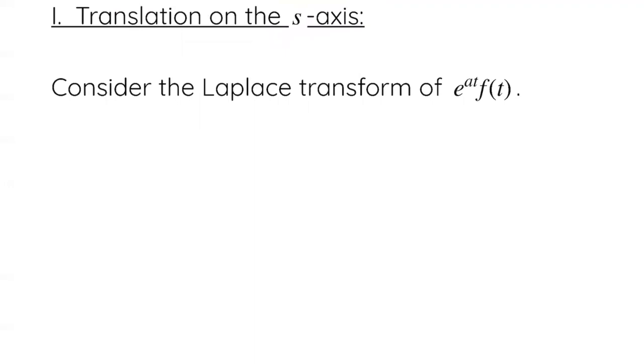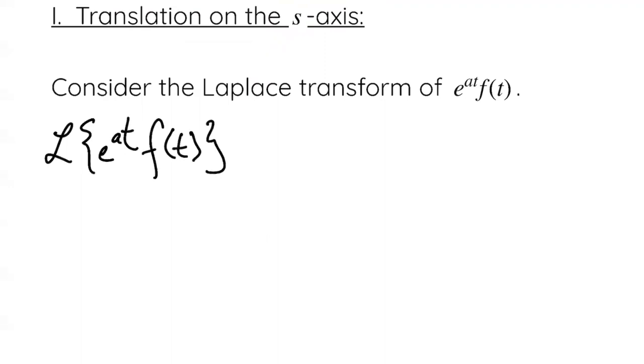So we're going to say the Laplace transform of e to the at f of t, right? And so when we think about the Laplace transform, let's bring it back to that formal definition, okay?